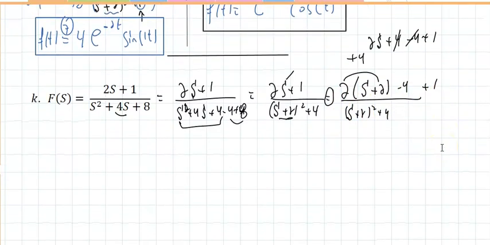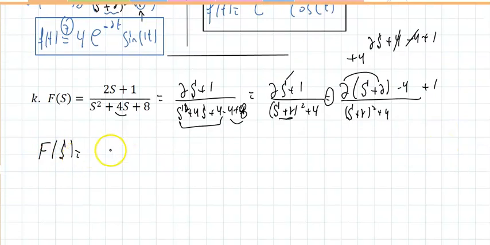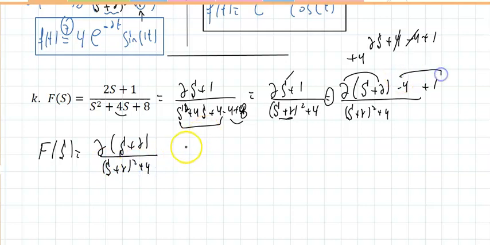So I really got f of s to be 2 times (s plus 2) over (s plus 2) squared plus 4, minus 3 over (s plus 2) squared plus 4. A small price to pay.